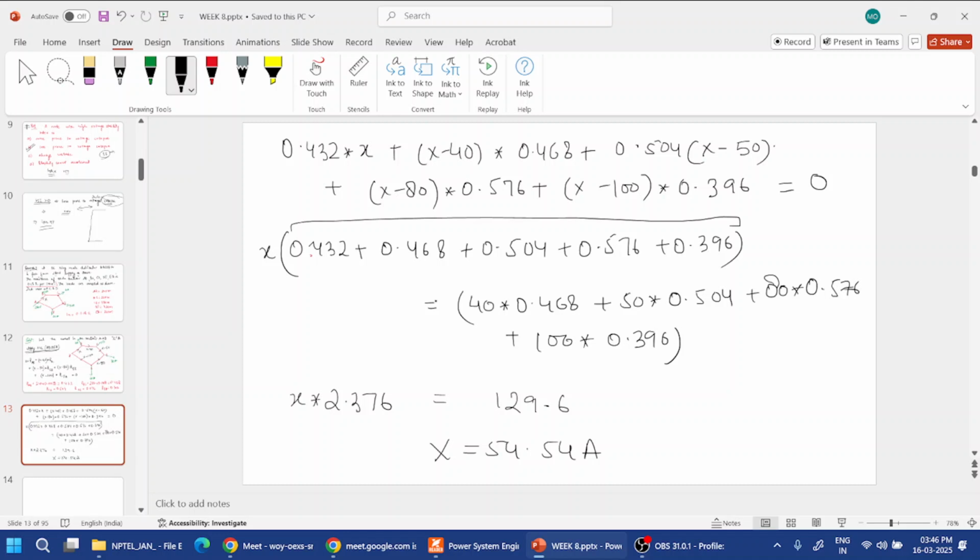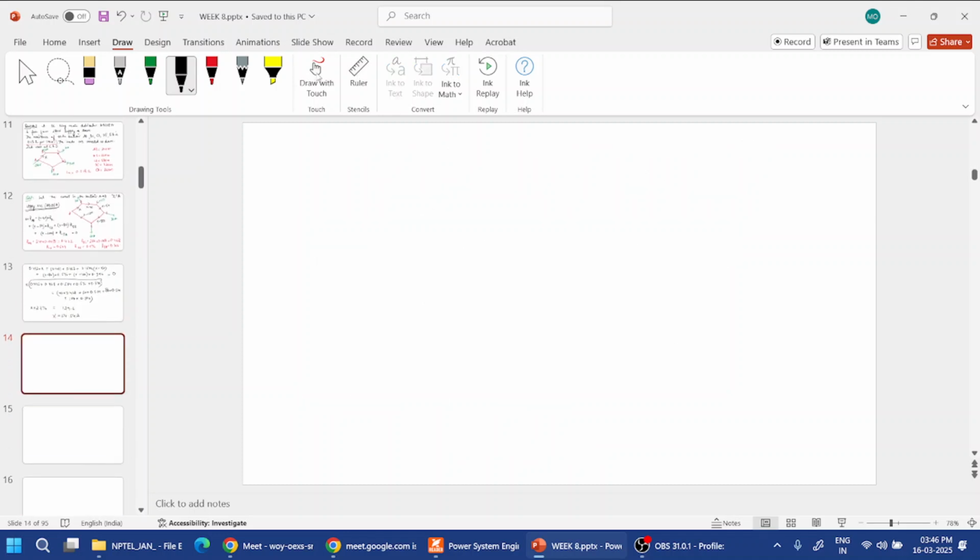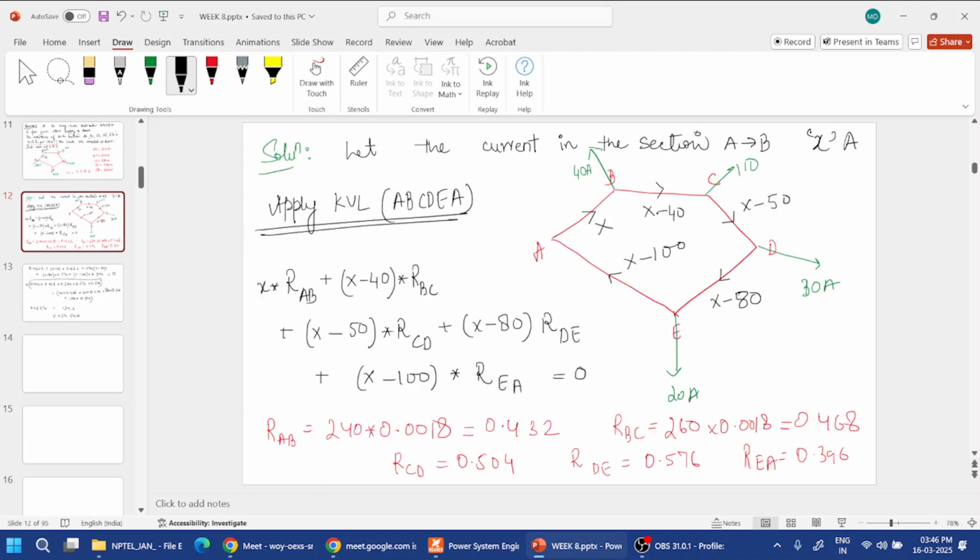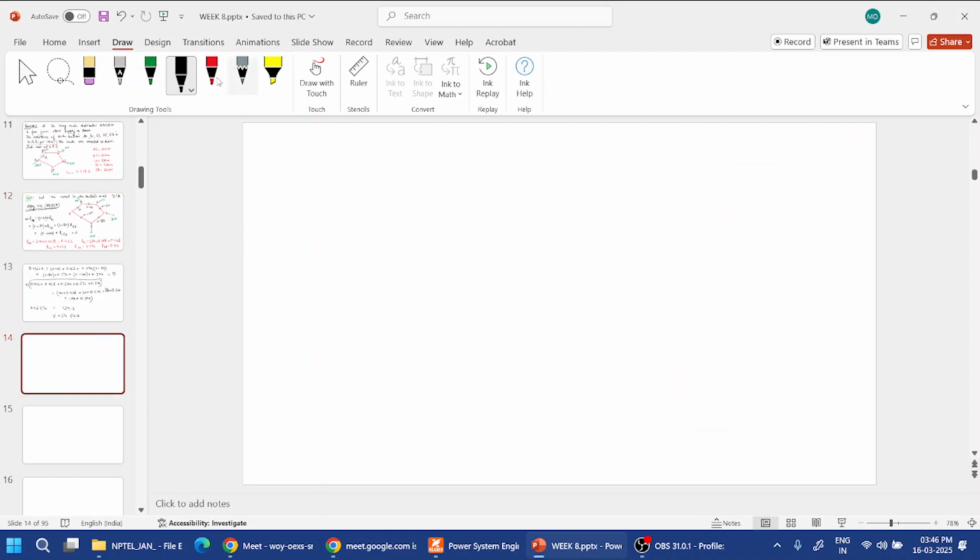Okay, I think up till now everything is clear. Now we don't have to find the x; we have to find the value of voltage at C and D. So VB is equal to VA minus X into RAB. It's simple. VA is given, 280. X we just calculated, multiplied by RAB, 0.432. So if we calculate the value, it comes out to be 256.44 volt.